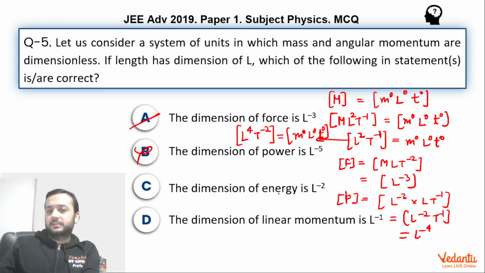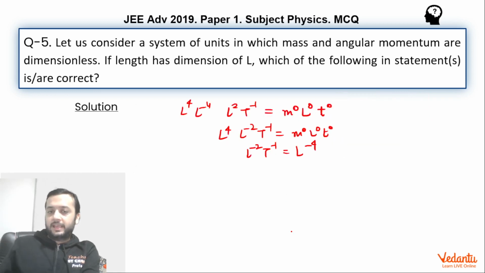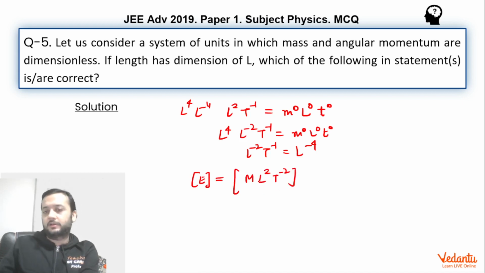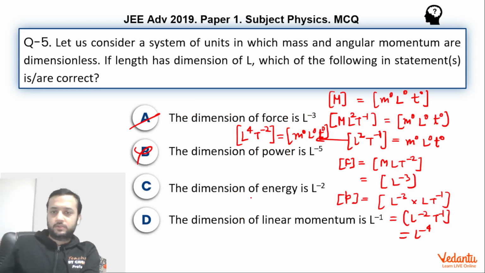Dimension of energy: energy is half mv square, and half doesn't have any dimension. So we can say mv square. Now m is mass, and v is LT to the power minus 1, so v square is L square T to the power minus 2. Mass again is dimensionless, so we can forget that. L square T to the power minus 2 can again be seen from this.